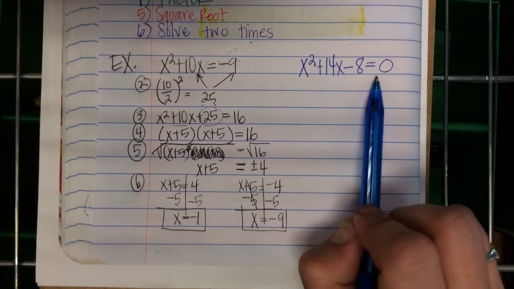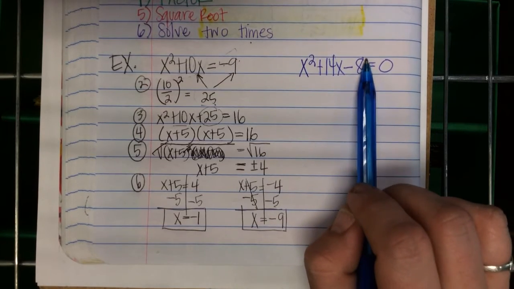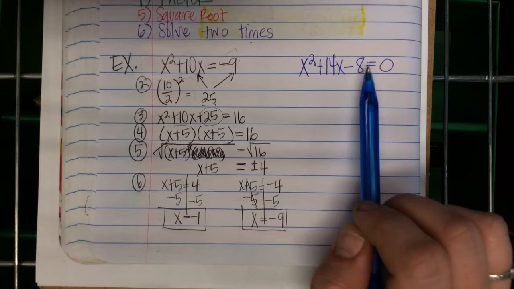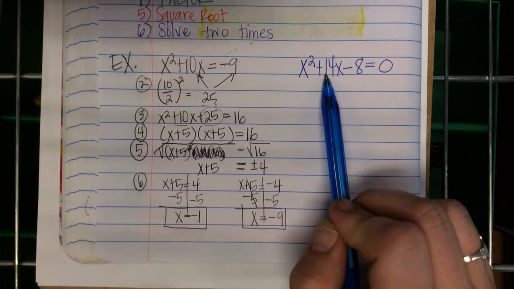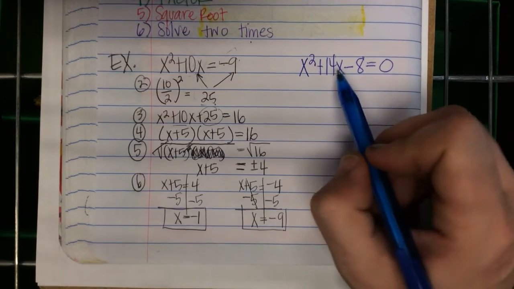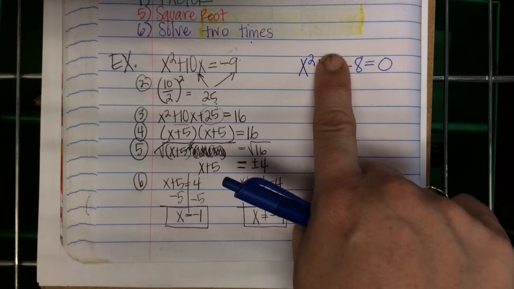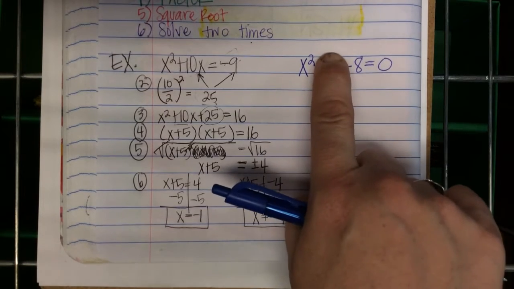Those values are too big for me to graph. I can't factor it because factors of 8 that have a sum of 14 don't exist. I can't do square roots because we can only do square roots if there's no b value, and there is a b value. So I need to use completing the square.